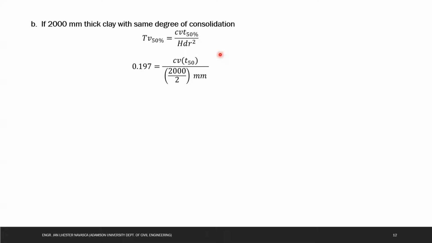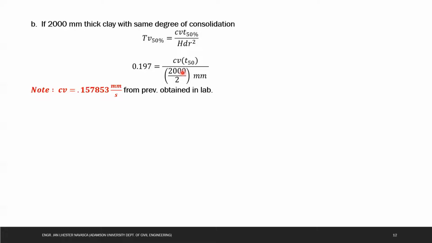For the H_DR, or height of drainage, again we are considering drainage at both sides, so that is 2000 over 2. Since it is the same soil, C_v is also the same, 0.157853 millimeter squared per second.